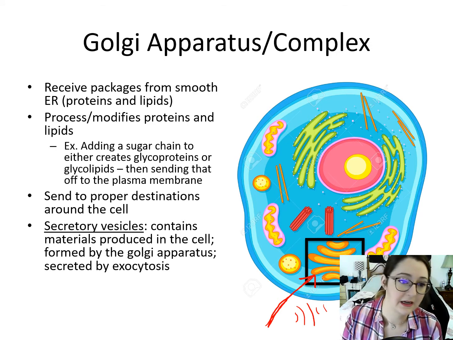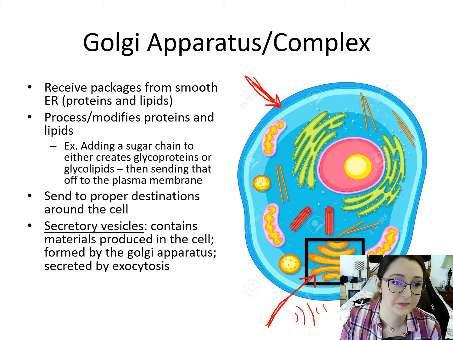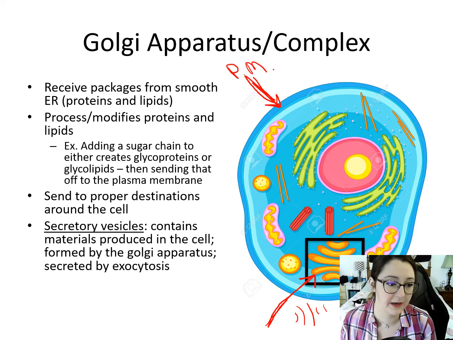membrane. Now, we didn't really talk about it very much, but I kind of hinted at it. The plasma membrane is going to be this dark blue. Plasma membrane. Or send to proper destinations around the cell, those little packages.